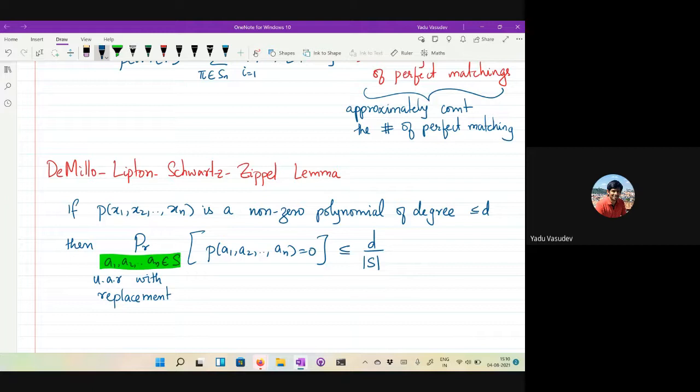That's what sampling with replacement means. Then the probability is at most d over cardinality S. This is exactly the algorithm that we wrote down.